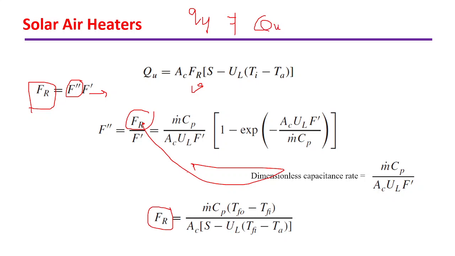These are not the same. Whenever you see the numericals, problems, or given figures, these two QU are not the same. This is the useful energy gain and this is the actual useful energy gain. Actual useful energy gain accounts for all kinds of heat transfer coefficients and heat losses.